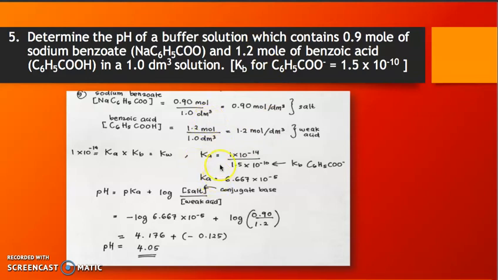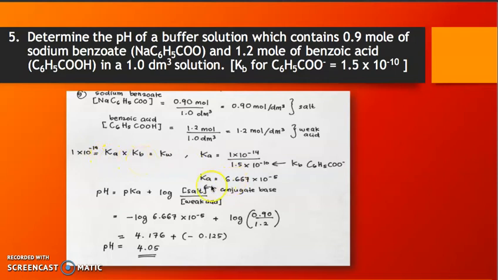So you need to find the Ka because the question gave the Kb. To find the Ka, Kw, which is equal to 1 exponential negative 14, is equal to Ka times Kb.